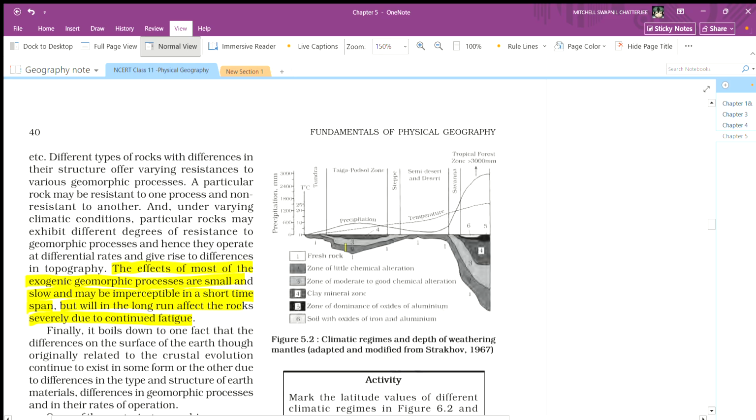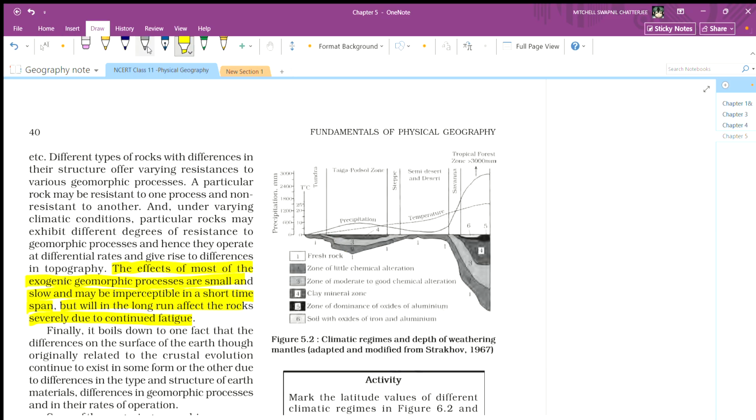This one is the zone of least alteration. Then a zone of moderate to good chemical alteration, because it is covered by the fourth zone.